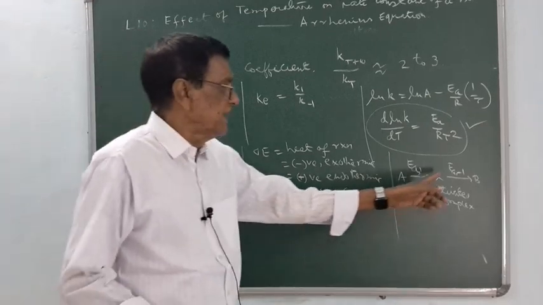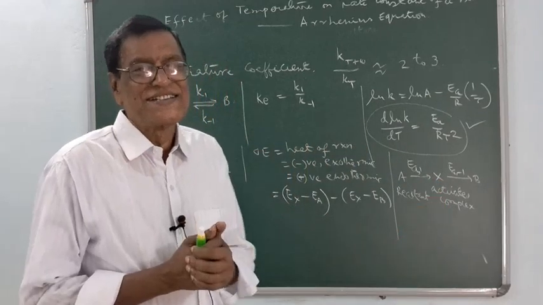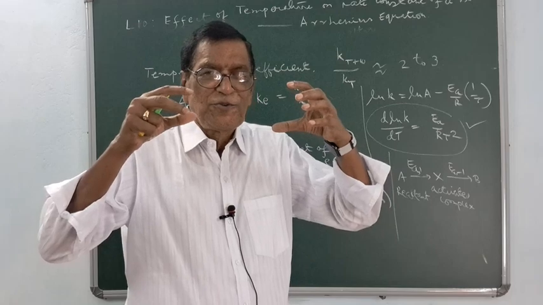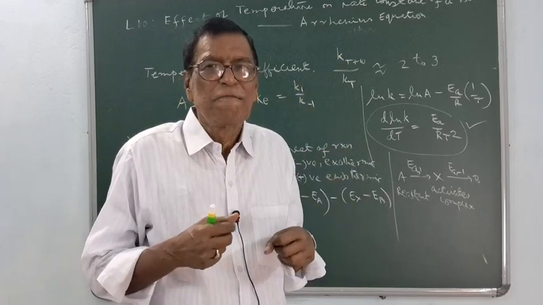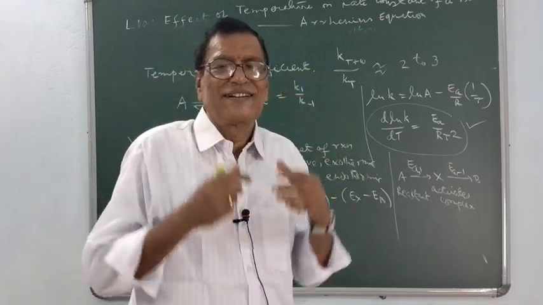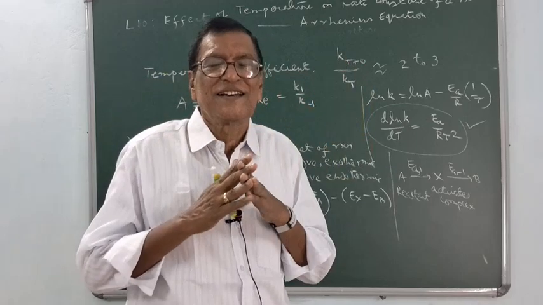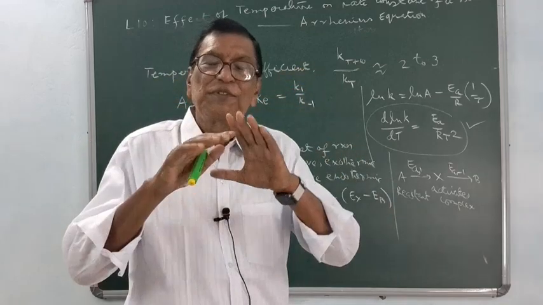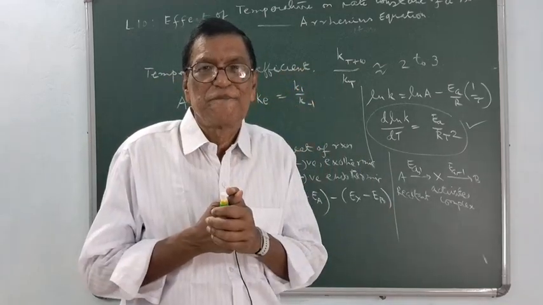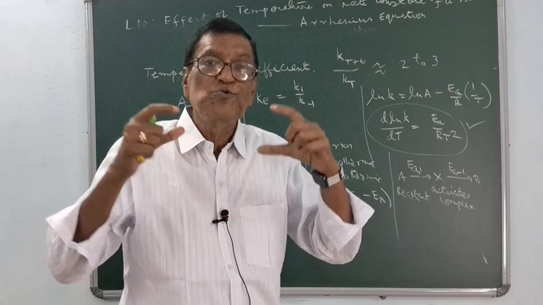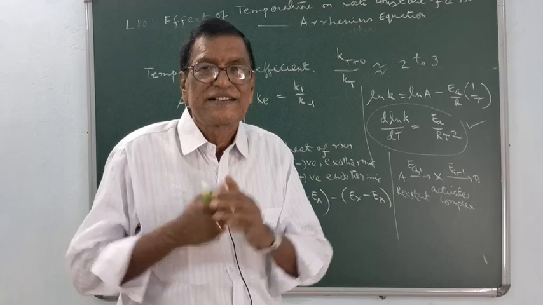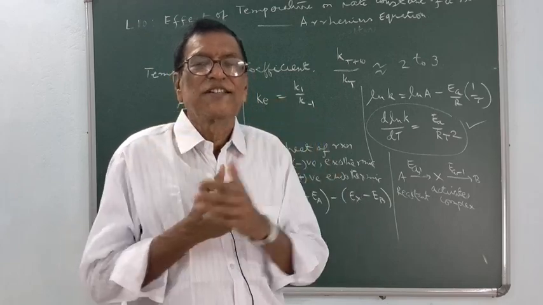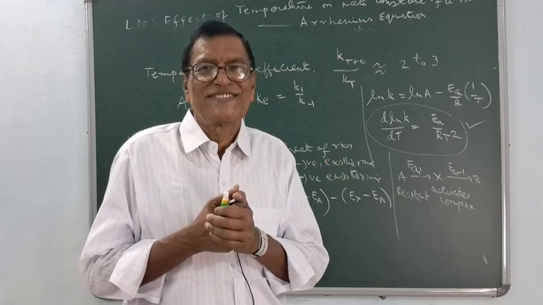X is called the activated complex. Whenever two molecules collide, they make an impact, coming close to each other, and make a loose association of the reactant molecules. This loose, transient association is called the activated complex.